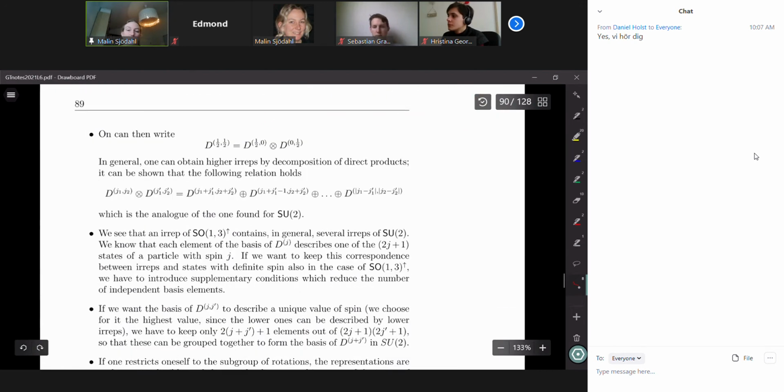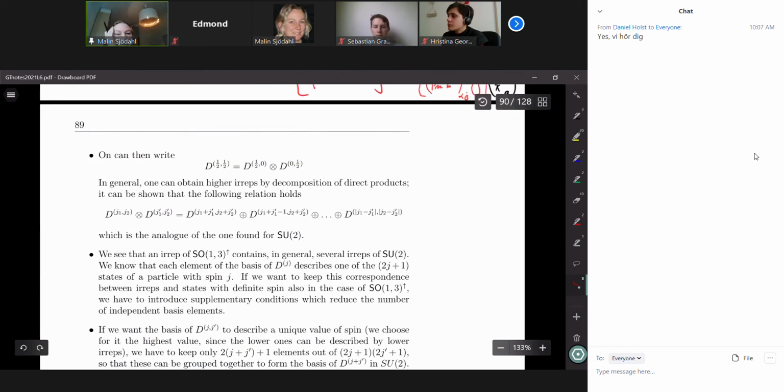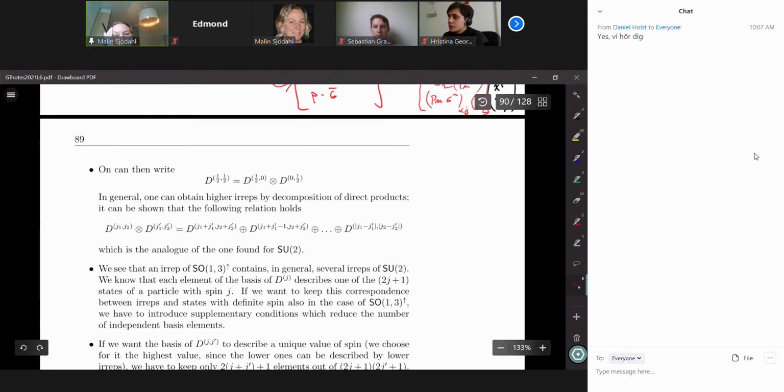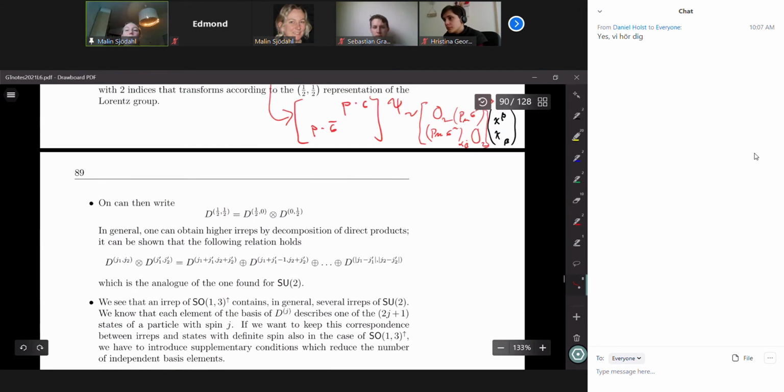One can also construct higher representations of the Lorentz group in similar ways. So here we had the 1/2 1/2 representation, and we obtained it from the direct product of the 1/2 0 representation and the 0 1/2 representation. Recall that the Dirac spinor here was the direct sum representation. Here we have the direct product representation.